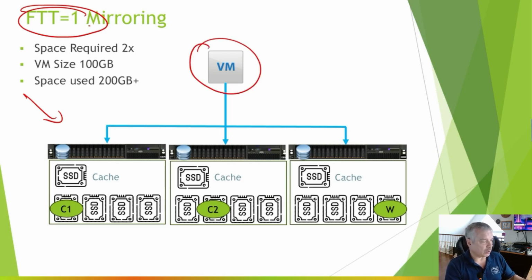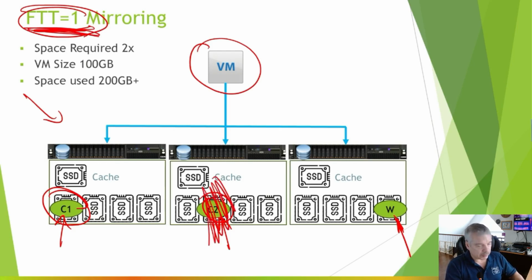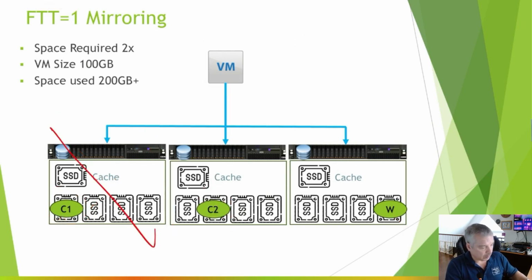If we're saying we want to tolerate a single failure, we're going to have one of the components put on one of the disks in the disk group on a server, another component on another disk group on another server, and last but not least, we'll have this witness component. The purpose of failure to tolerate equals 1 is that if this drive should die, this VM is still functioning. If a host should die, let's say the complete host dies, the VM should still be accessible.